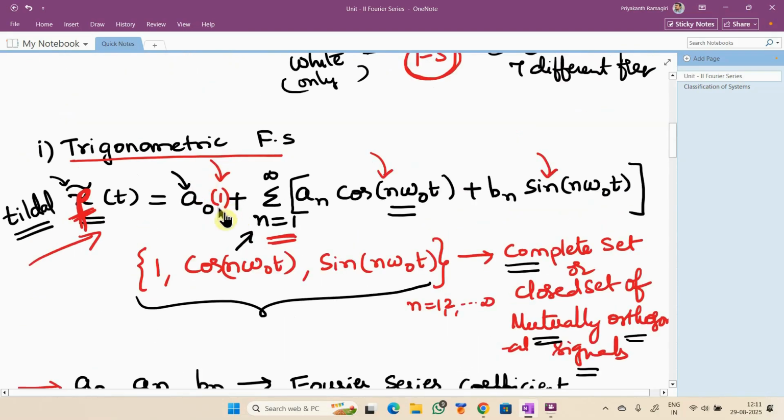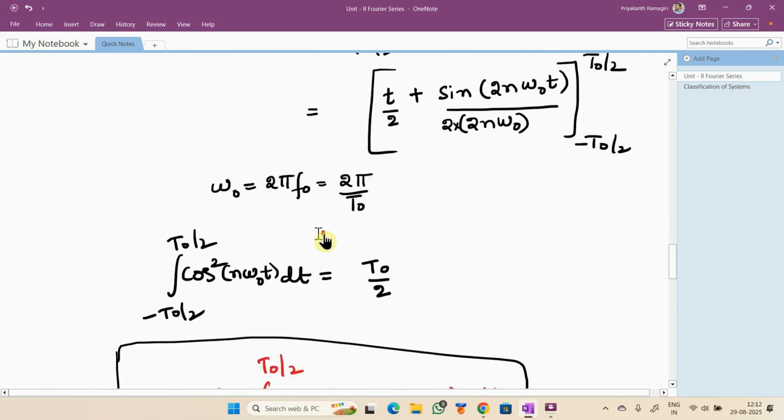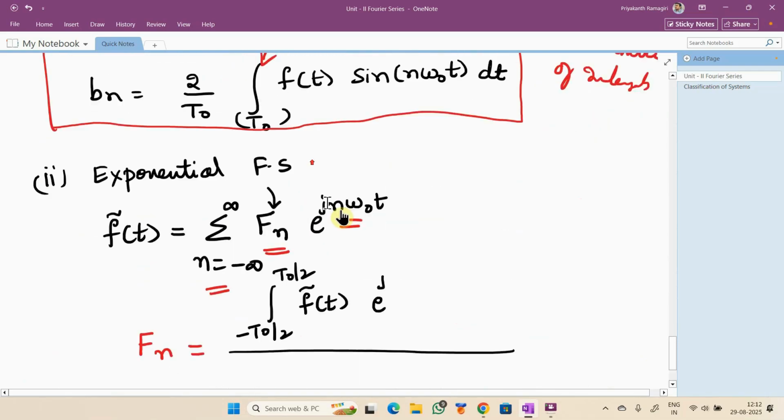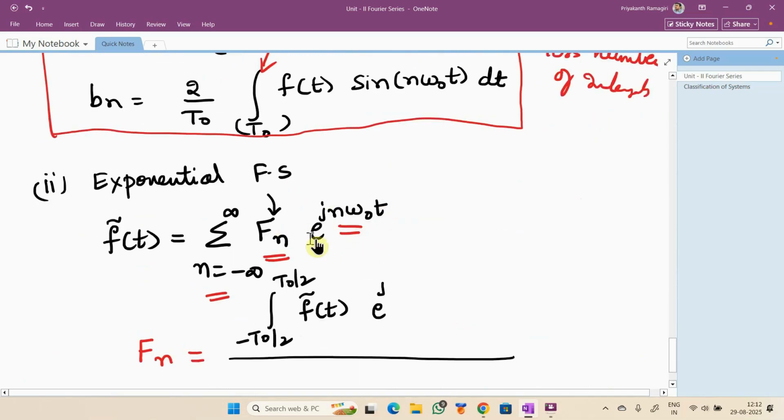For a naught, the function beside it is 1. For an, it is cos. For bn, it is sine. Bn is a weight for the sinusoidal function, an is a weight for the cosine function, a naught is a weight for the constant function 1. Similarly, this Fn is a weight for the complex exponential function. So that's why I'm writing here e power j n omega naught t.